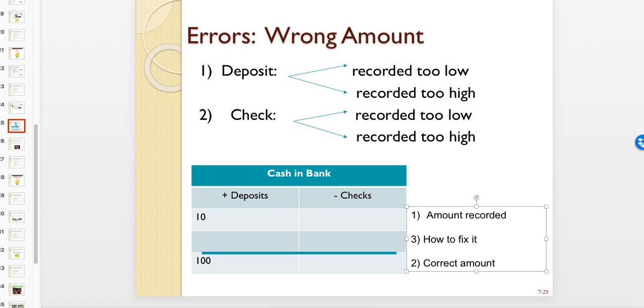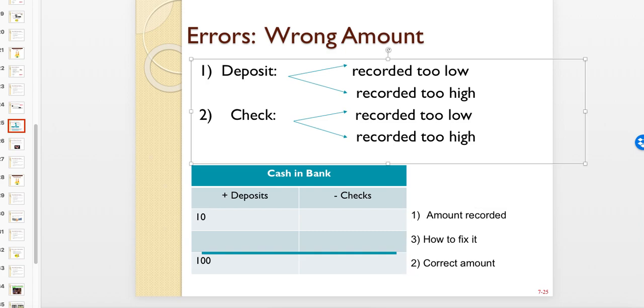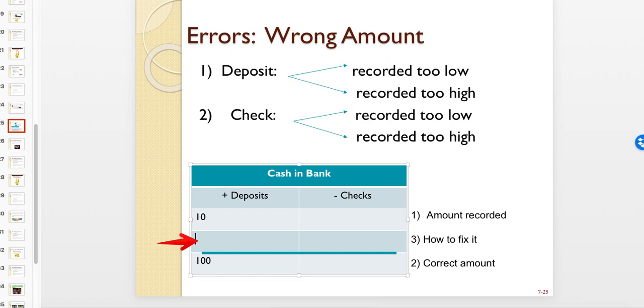Okay. Now the question is, what do I need to do in order to fix this error? And that could go on either side depending on the scenario. In this particular case, I know that I have a debit of $10, but that debit wasn't enough. I need to debit more. So I'm going to debit another $90, and that's going to then correct my balance to what the deposit should have been recorded at, the true deposit amount, which is $100.